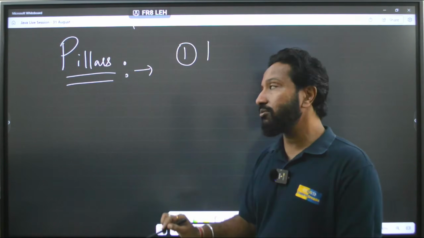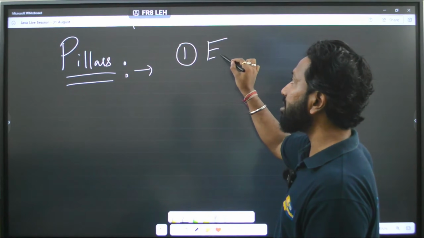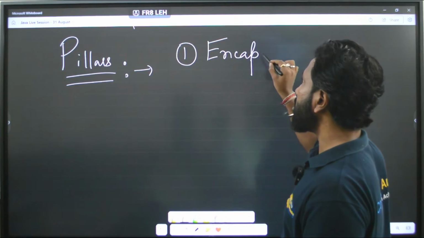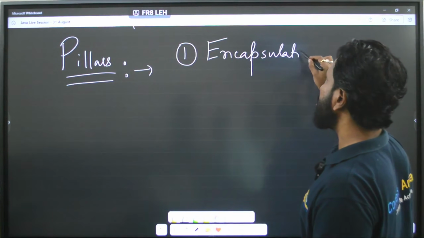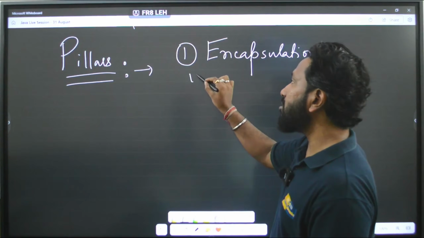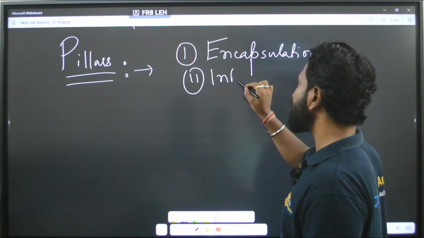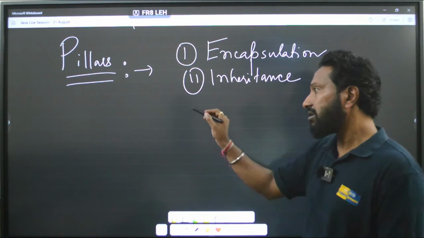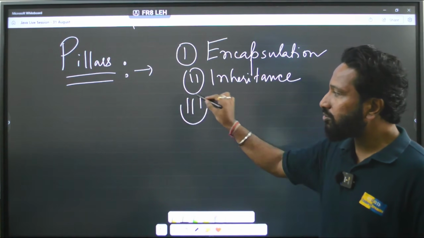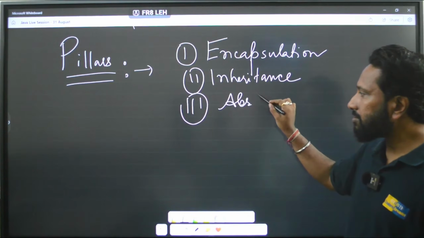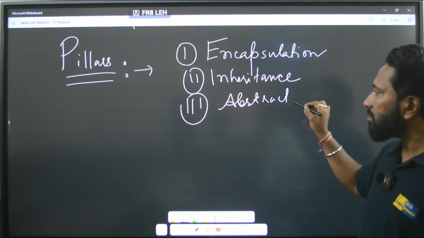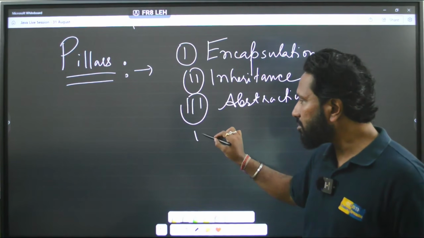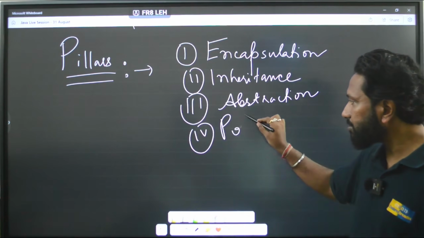Whenever you are learning the 4 pillars, always start with encapsulation. Then you can move on to inheritance. Then after this, you should move on to abstraction. And finally, you should go on to polymorphism.